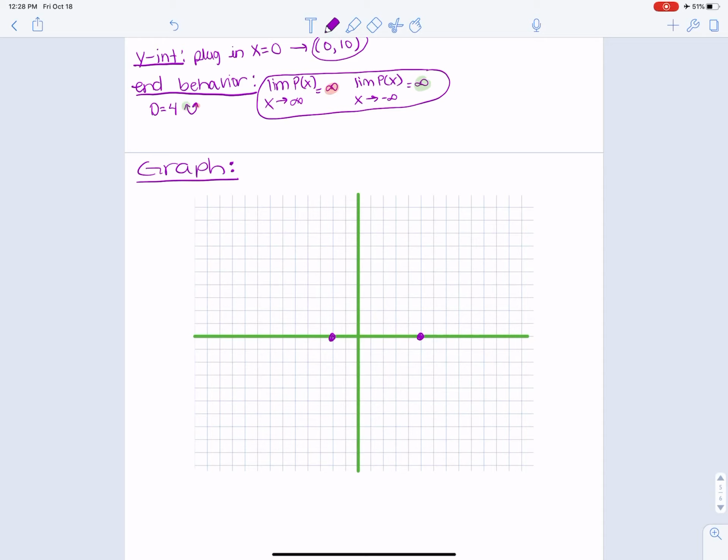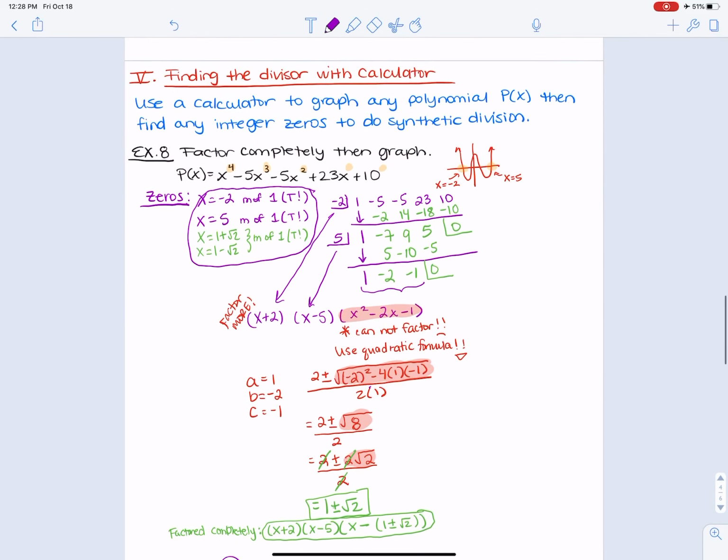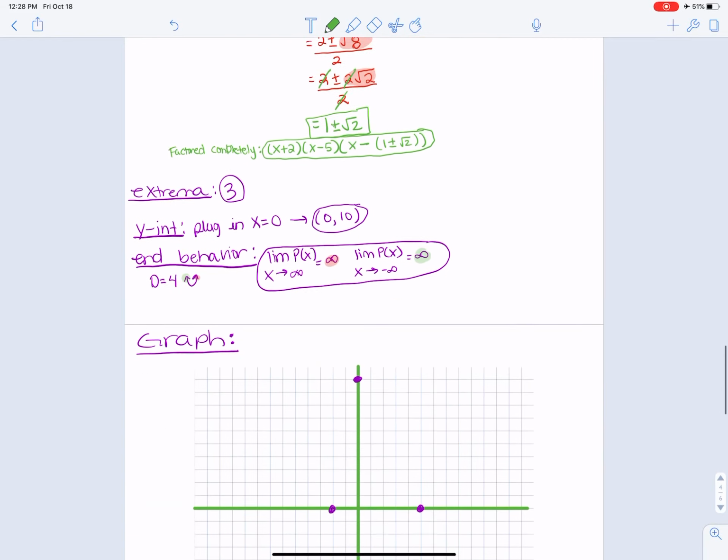And then roughly these two values, x equals 1 plus square root of 2 is roughly 2.4, not 2.5. And x equals 1 minus square root of 2 is roughly negative 0.4. So you can put those on the actual graph. So our values are 2.4, which is about right there, and negative 0.4, which is about right there.